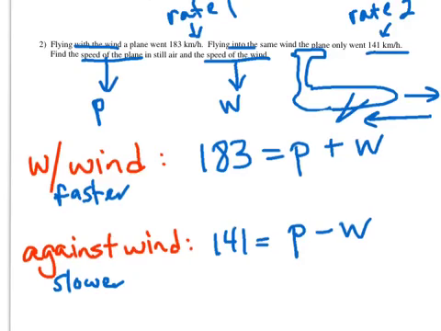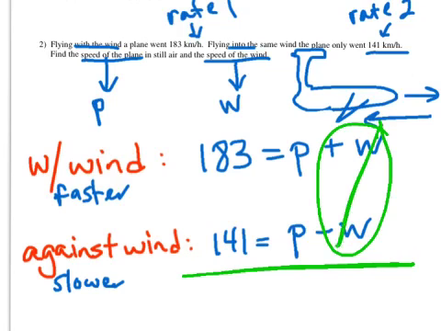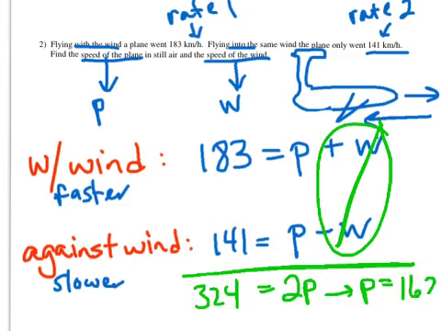Alright, now if we're going to solve this, we can use elimination. When you use elimination, these two cancel out. You're going to have 2p equals 183 plus 141. So 183 plus 141 is 324. And you get p equals 162.